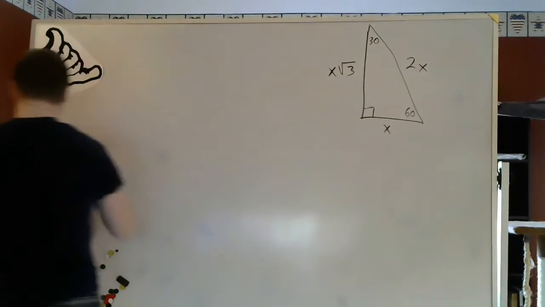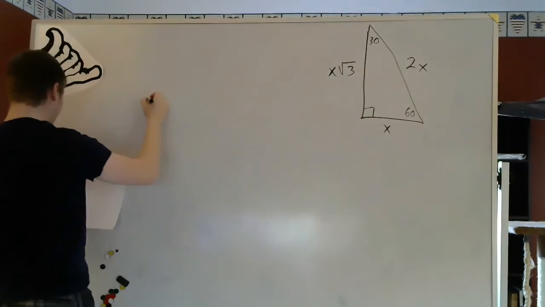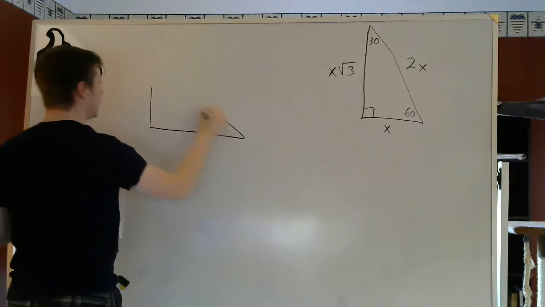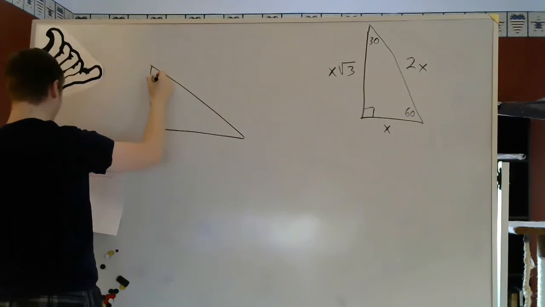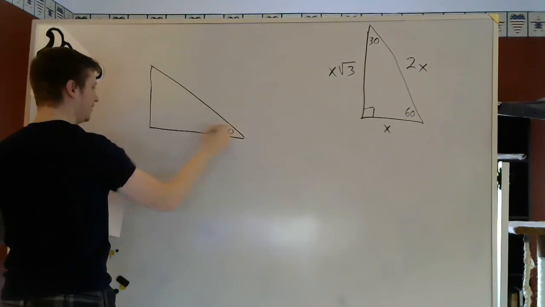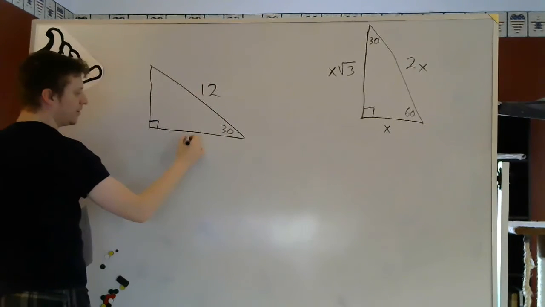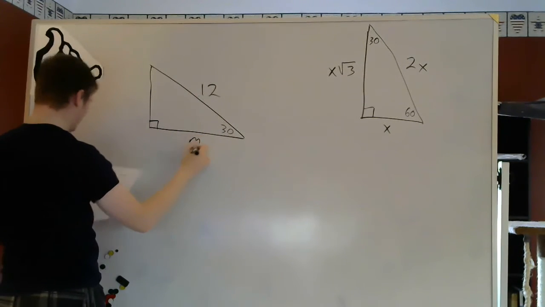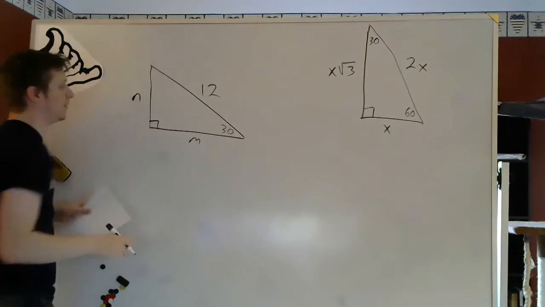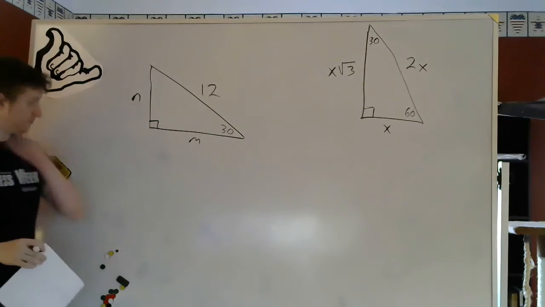And the first problem that we're going to take a look at, let's make it just a nice quick one here. Let's do 30, 90. Let's say this is 12, and I want to know, well, what is M and N? I want to know those two sides.